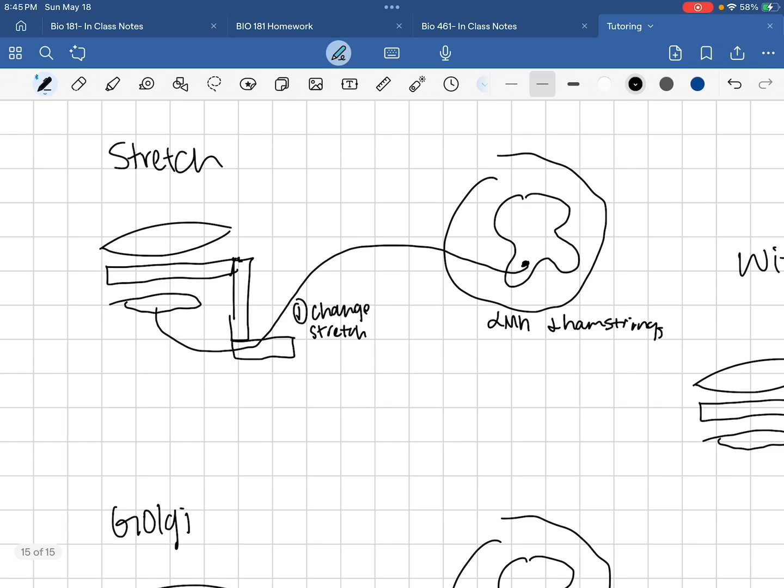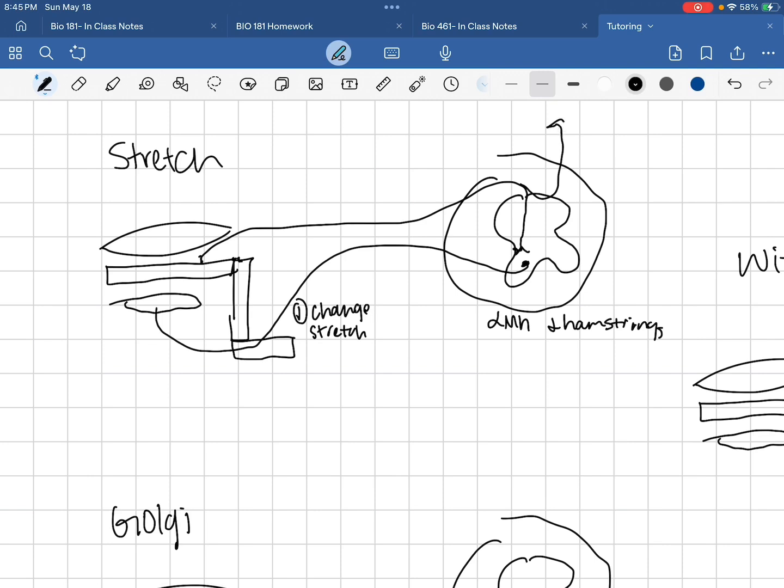So this is the leg. This is what I'm trying to get at. This is the leg, this is the hamstring, and this is the quads. Your sensory receptor neuron conducts an action potential, which goes up here and synapses with this guy.